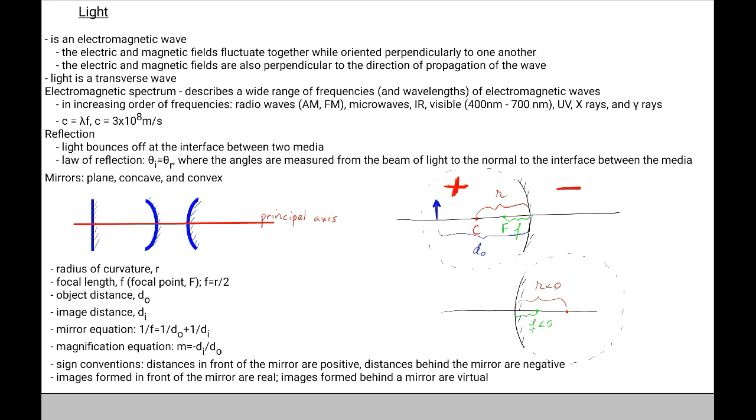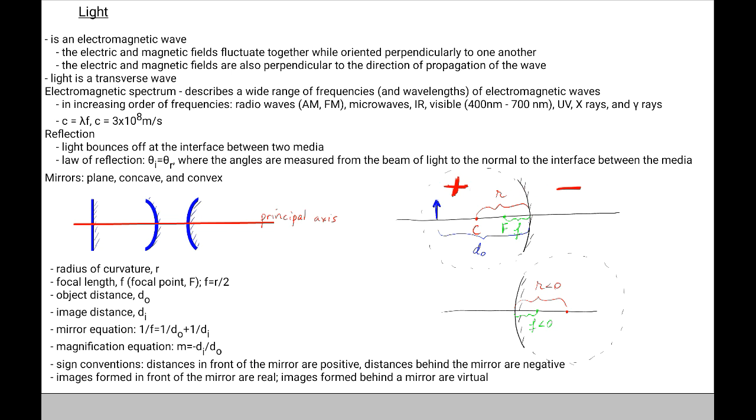Now, one more thing before we go on to ray diagrams, and that is that images that are formed in front of a mirror are real, because we expect with mirrors that light bounces off a mirror and then goes back along the same side of the mirror.